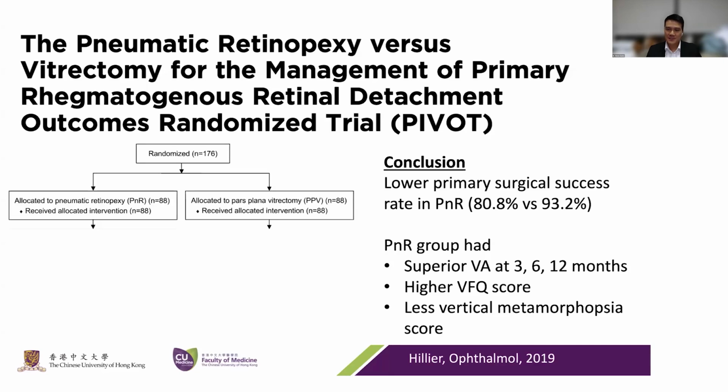Although the pneumatic retinopexy group had a significantly lower primary surgical success rate, in the intention-to-treat analysis, patients randomized to the PNR group had superior visual acuity up to 12 months after the primary procedure, a higher visual function score, and also less vertical metamorphopsia.